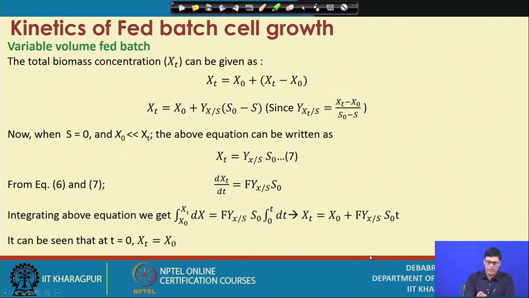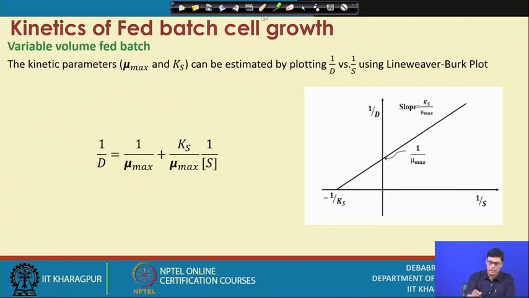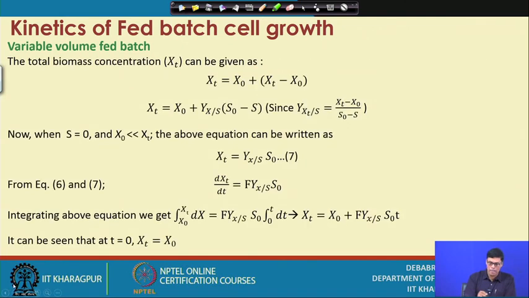Finally, we find that total X is equal to X0 plus this, we can write Xt minus X0. So, this we can also write in this form, which we have seen before, that this is how it is related to the substrate concentration.